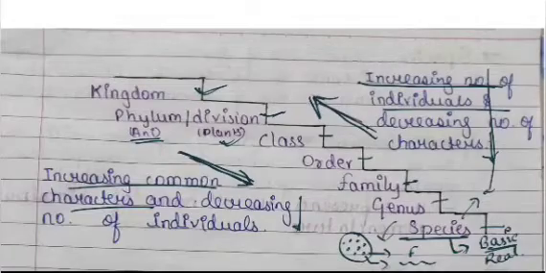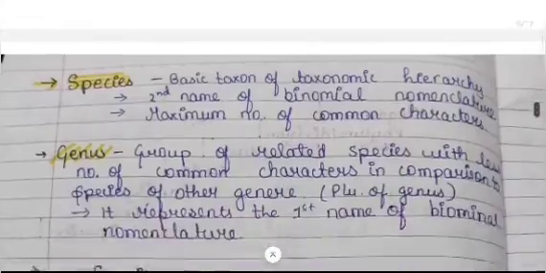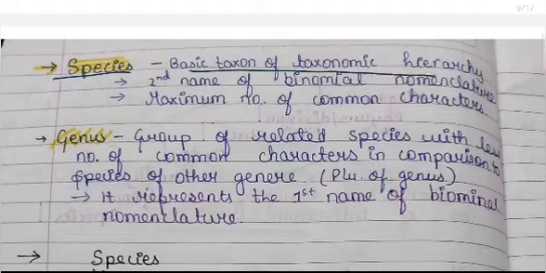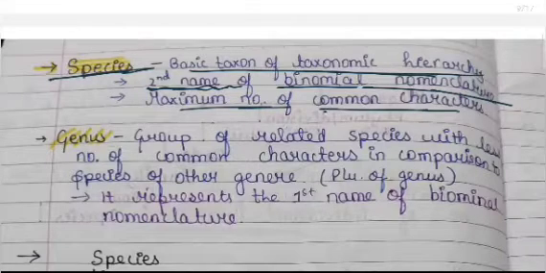Now we will talk about each level of the taxon in detail. Species is the basic taxonomic category and represents the second name of the binomial nomenclature, which has the maximum number of common characters.